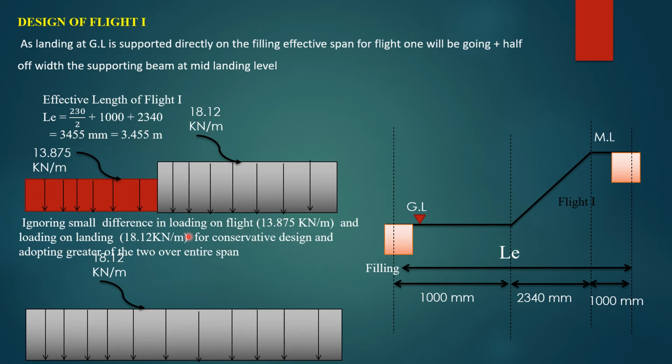Here the loading on landing is the greater one, so we take a single loading of 18.12 kilonewton per meter for both the flight and the landing, as you can see in the figure. Let us move to the next slide.